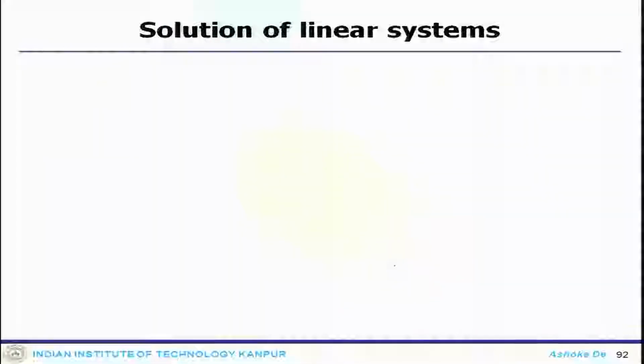Now, if you put these things back in the algorithm, what will happen? First, I will have u1j equals a1j, for which j goes from 1 to n.